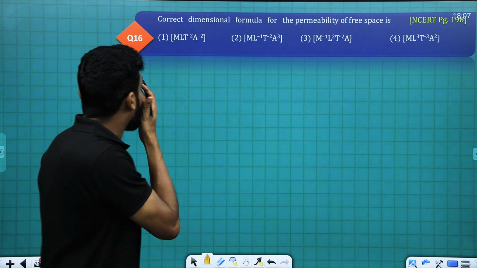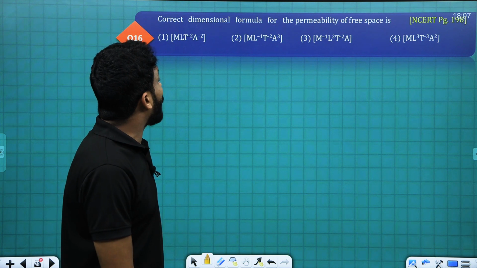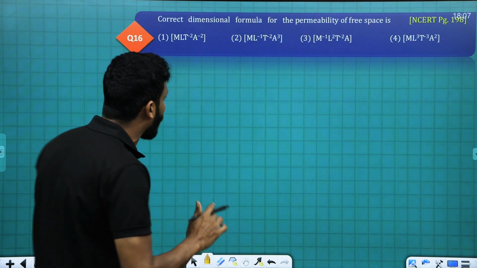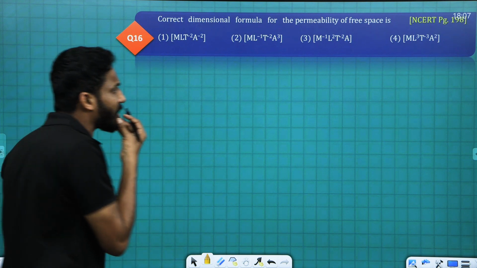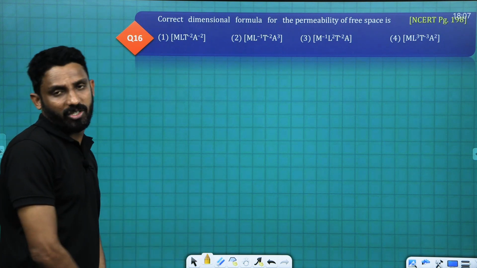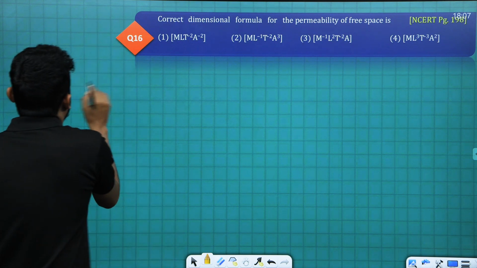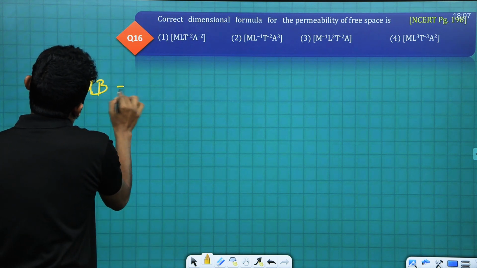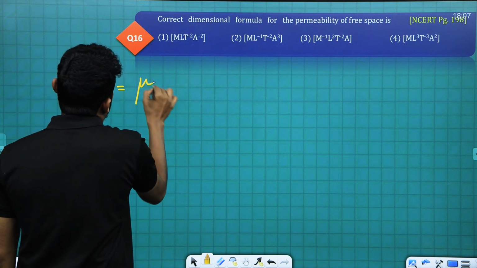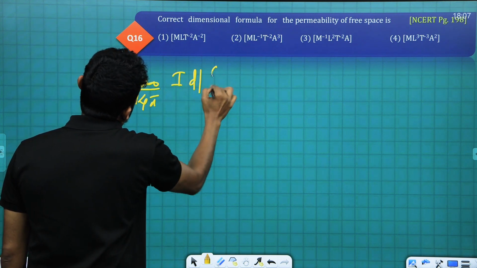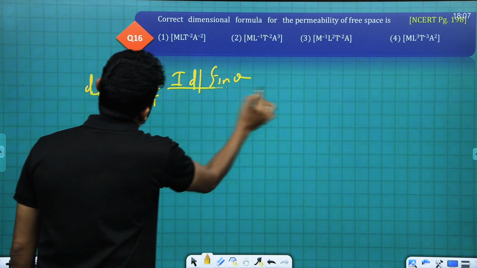The next one is the correct dimensional formula for the permeability of free space. Which equation do we use? We can use many equations. We have the magnetic field intensity according to Biot-Savart's law, dB equals mu 0 divided by 4 pi, I dl sin theta divided by r square.